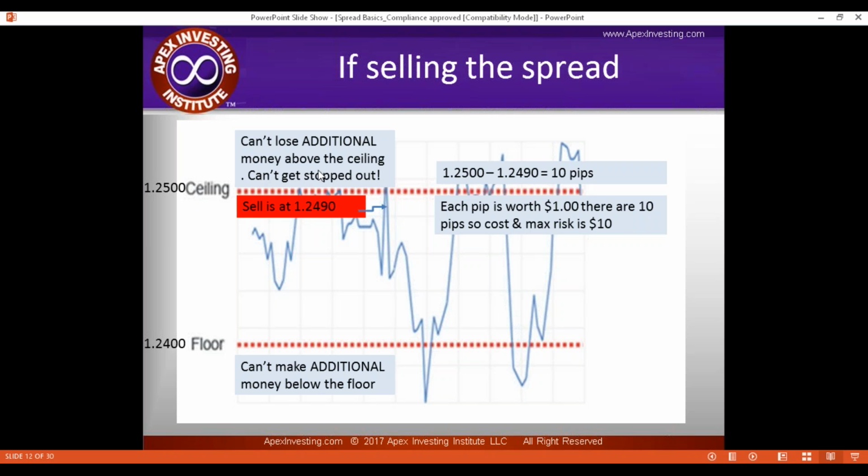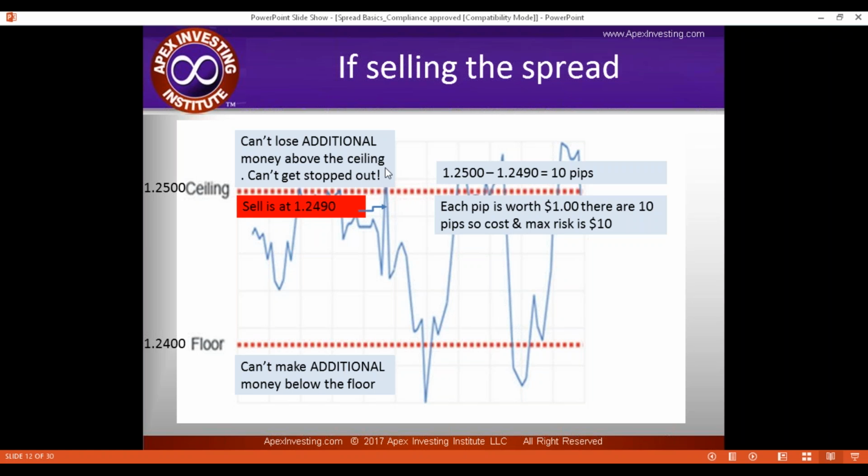And when it says I can't get stopped out, what does that mean? Well, if I sold right here at 2,490, my ceiling's at 2,500. Let's say the market pops up to 2,510. Does that mean the market went past my ceiling, so it knocked me out of this trade?